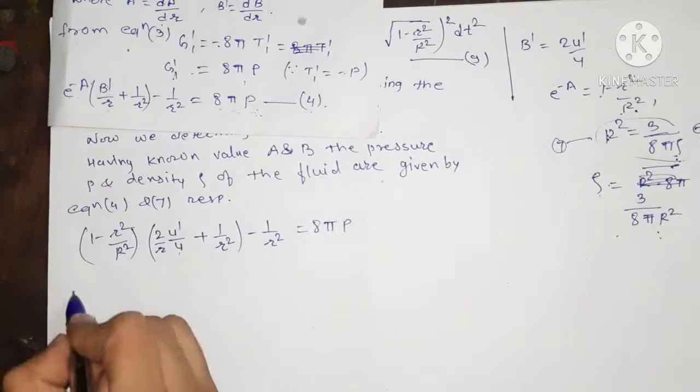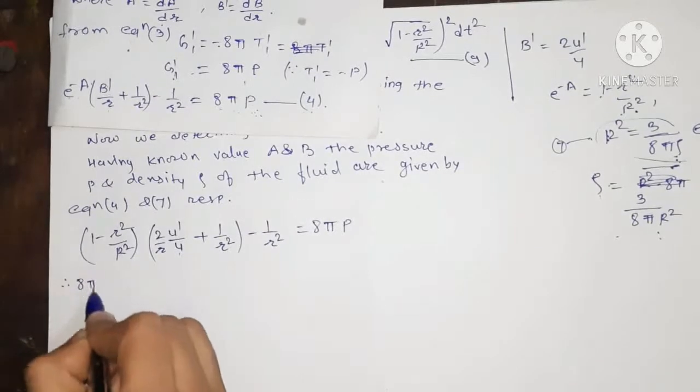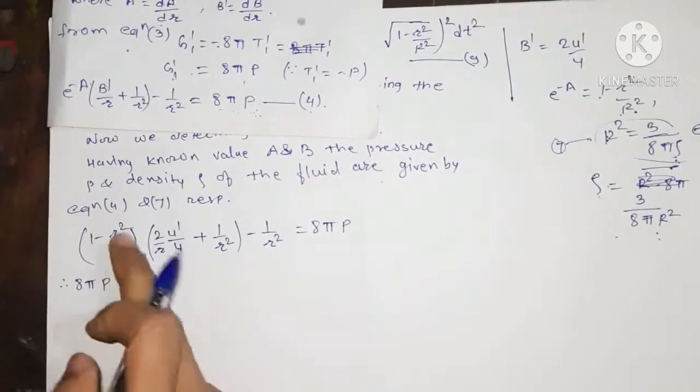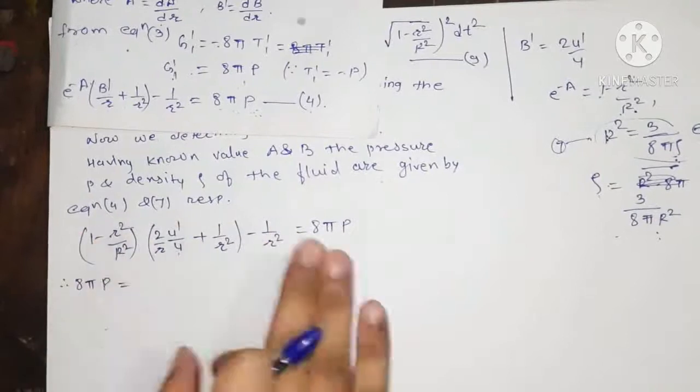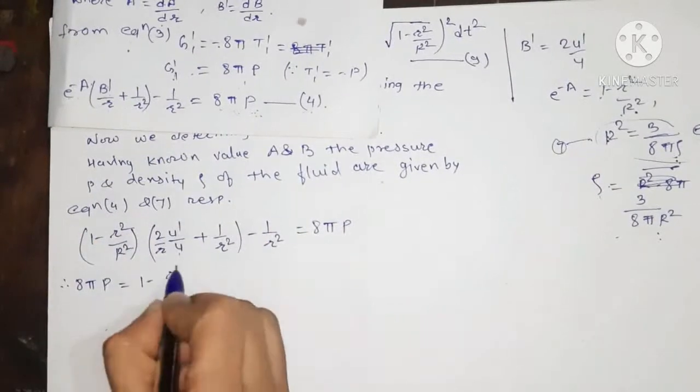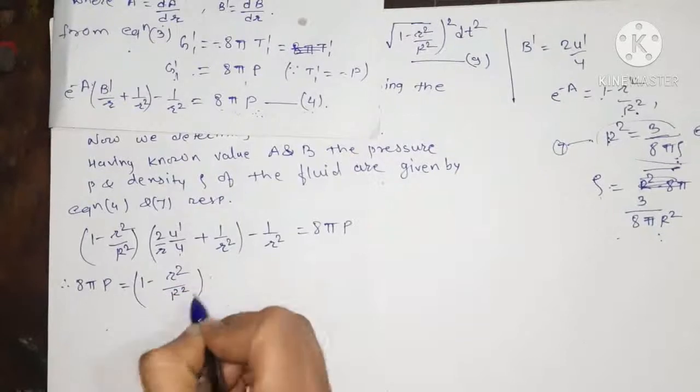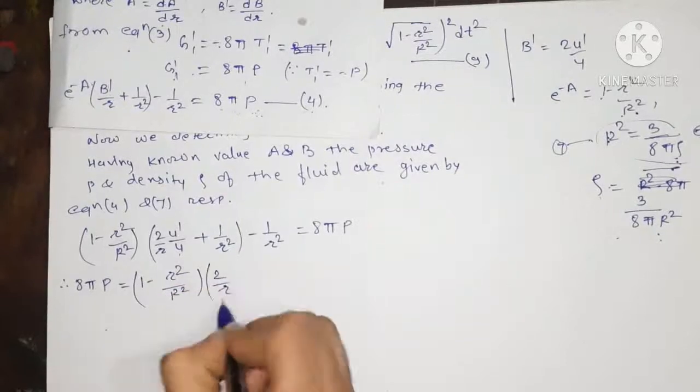Therefore 8 pi into p is equal to, taking this to the left side and this to the right side, 1 minus r square upon capital R square times 2 upon r.